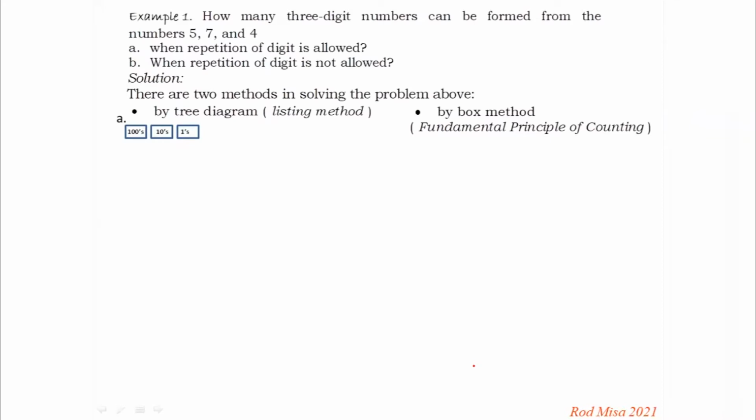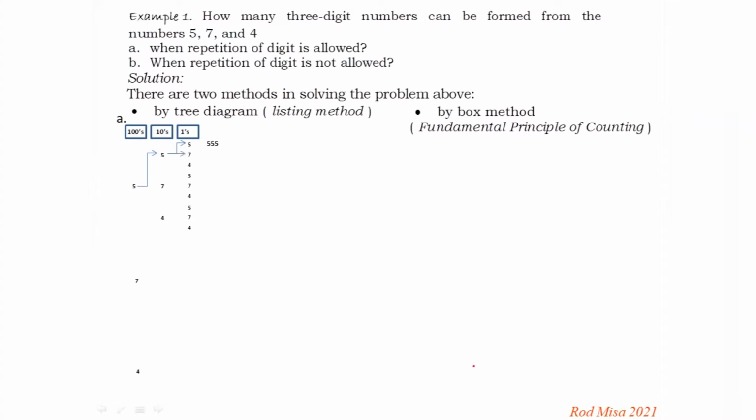So in the hundreds place, for a 3-digit number, we can place any of the digits there. It could be 5, 7, or 4. And because repetition is allowed for letter A, we can place 5, 7, or 4 in the tens place. And of course, in the ones place, you can place 5, 7, or 4 because in this case repetition is allowed. So you can trace that we can form our first 3-digit number, which is 555.